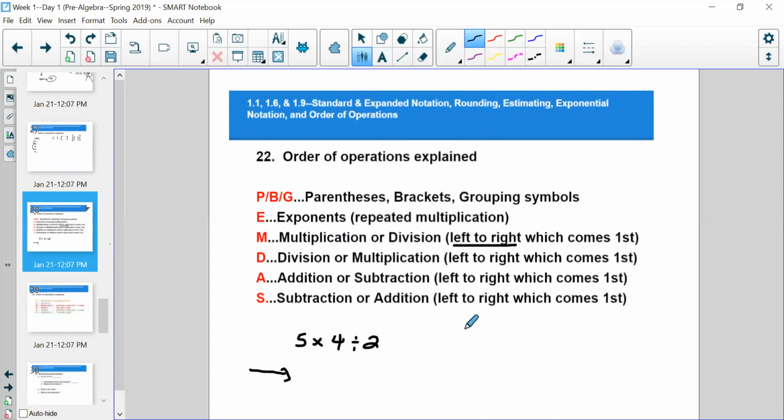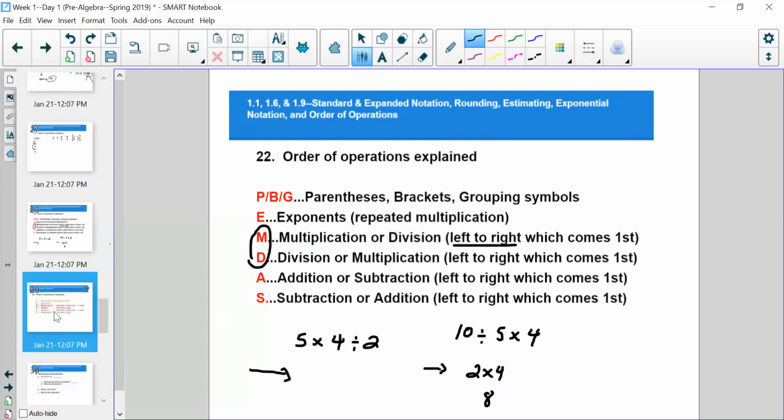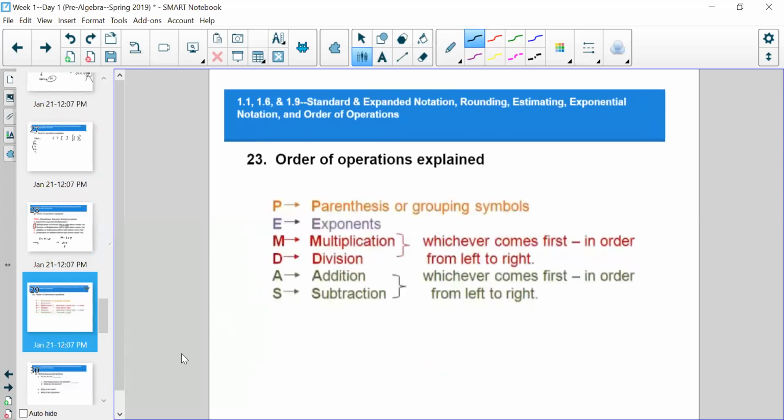Even if you saw 10 divided by 5 times 4, when you're looking at it left to right, multiplication or division, they're married together. They're a couple. Whatever comes first, left to right. In this case, division came first. So 10 divided by 5 would be 2, and then 2 times 4 would give you 8. And it would be the same with addition and subtraction: whichever comes first when you're reading it left to right.